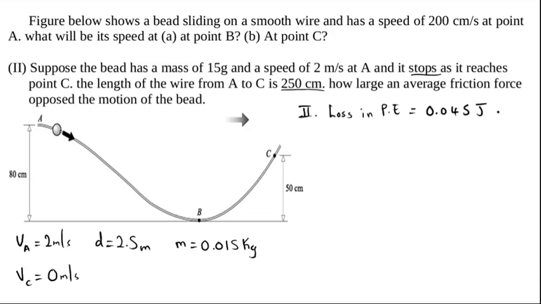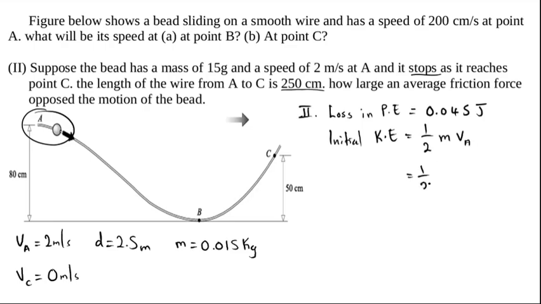So after finding the loss in potential energy, we also need to find the initial kinetic energy. Now the initial kinetic energy is the kinetic energy of our object at point A. That's the initial. So initial K is half times mass times velocity at A squared.